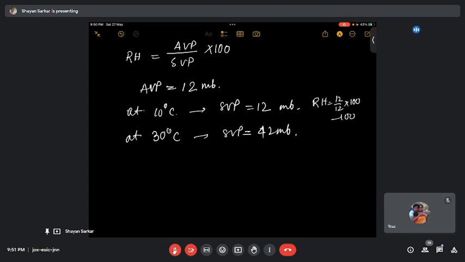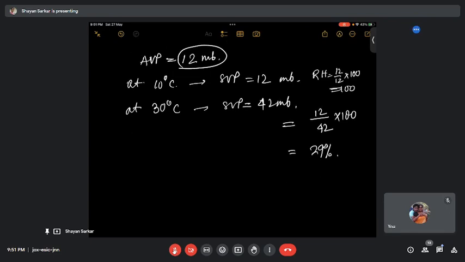And at 30 degrees Celsius, the available water vapor pressure is 12, right? So 12 by 42, 29% only. Okay. Clear?